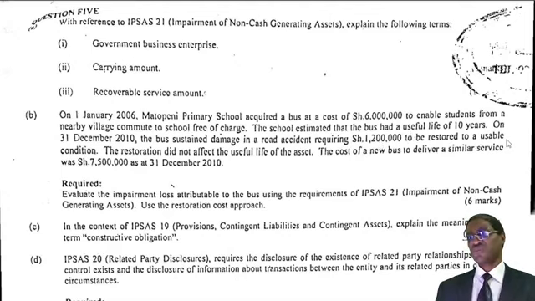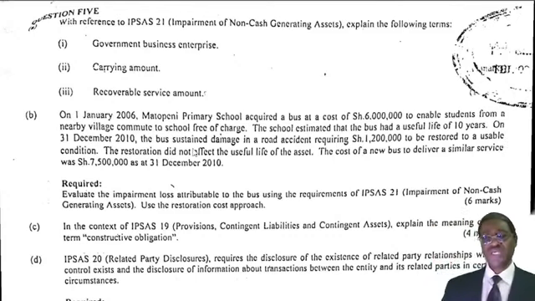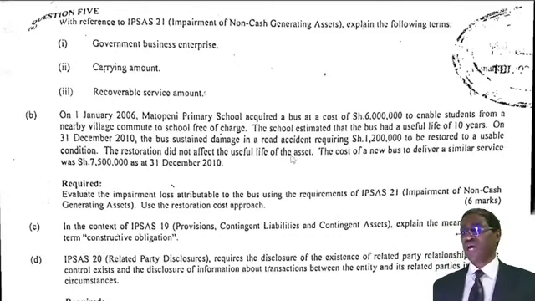to a usable condition. The restoration did not affect the useful life of the asset. The cost of a new bus to deliver similar service was 7.5 million as at 31st December 2010.